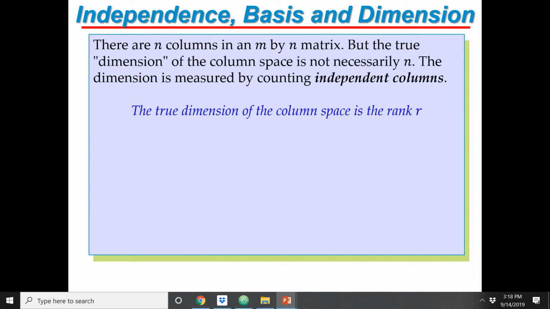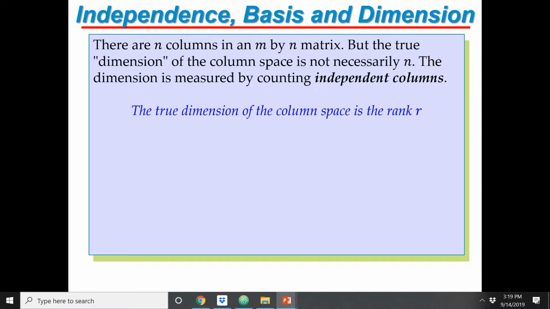Okay, so let's talk a little bit about the independence of vectors and concentrate now on the columns of a matrix. If somebody gives you an M by N matrix, the numbers M and N are not really the true dimension of the matrix A, because it's very possible, as we have seen, that many of the rows of the matrix are linear combinations of the earlier rows.